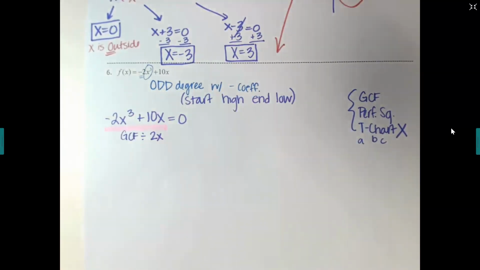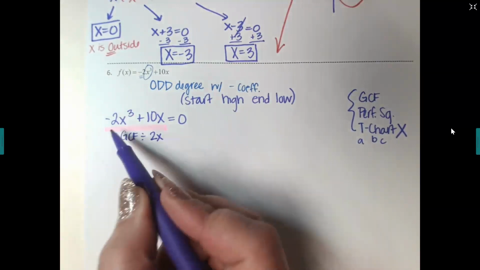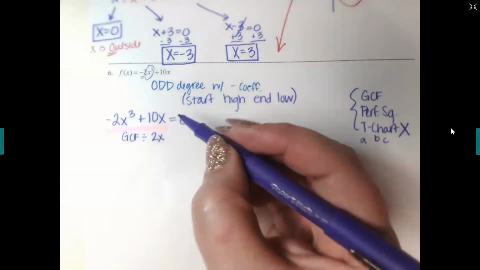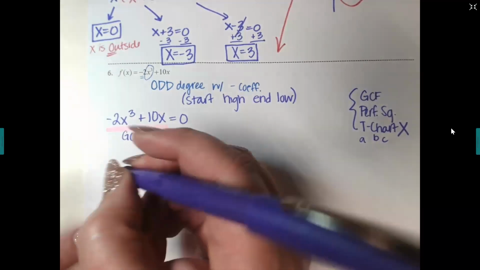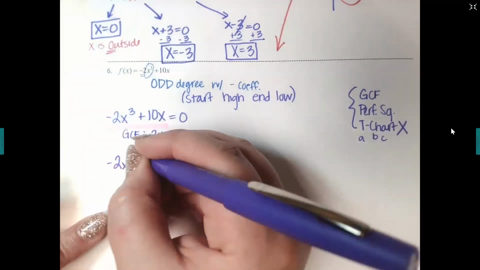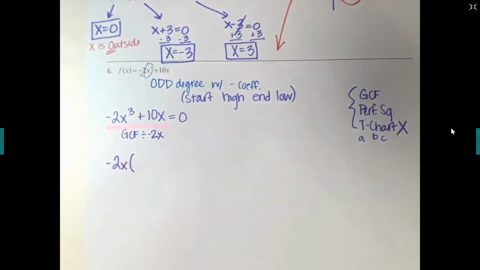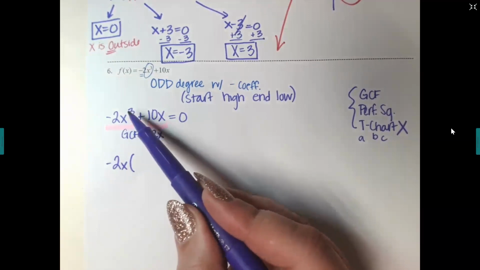Now, technically that's wrong. Think back in your brain on Tuesday. One of the rules I told you is that if the front one is negative, you need to take out the negative as well. So I'm going to take a negative 2x out to the front. Remember, never leave a negative in the front. So I had a negative 2x to the 3rd power.